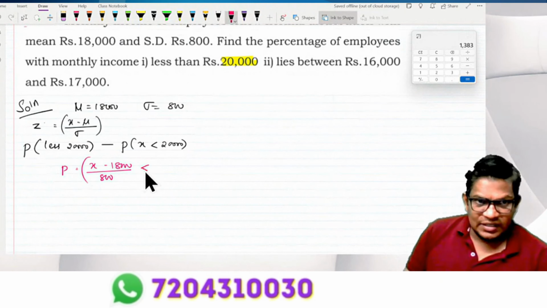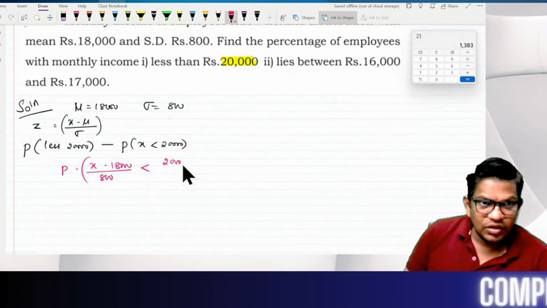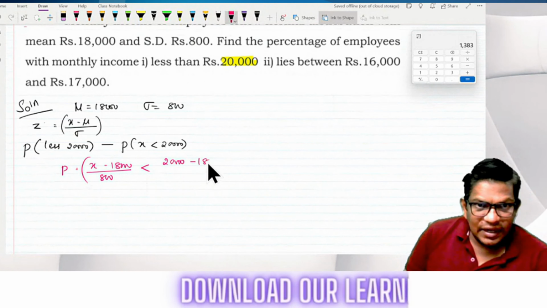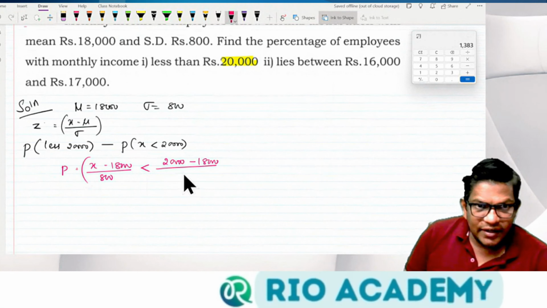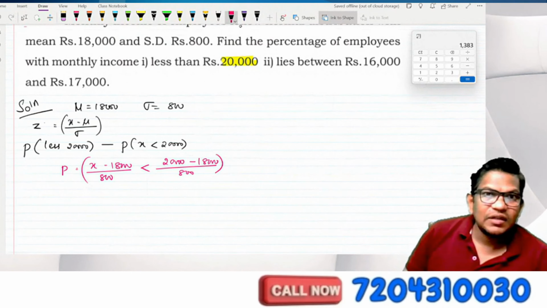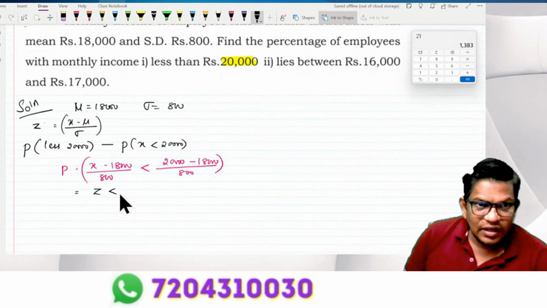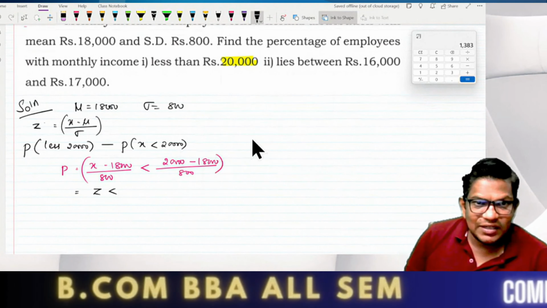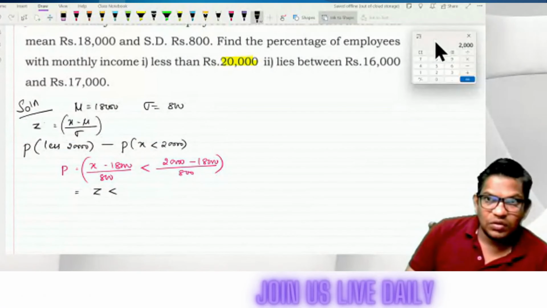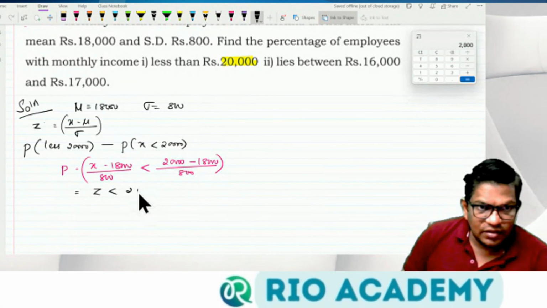They said less than, that is 20,000. 20,000 minus 18,000 divided by 800. Understood, my dear student? So this will be Z less than 20,000 minus 18,000 by 800. How much is it? 2.5. That will be positive, no?